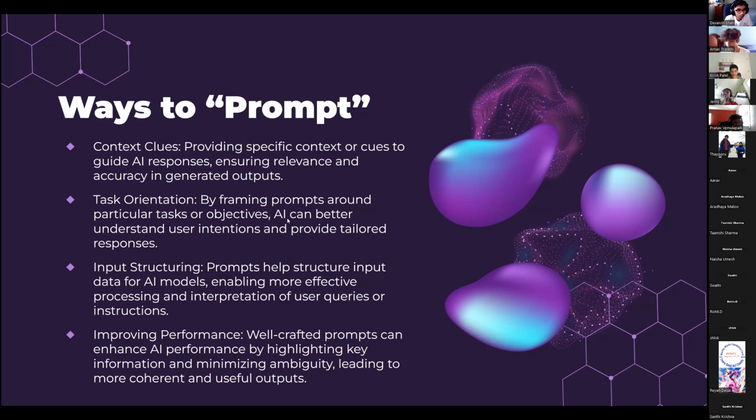So this relates to task orientation in terms of making sure each part of your prompt is specifically detailed in what you want it to do, so that you can avoid all the vagueness and ambiguity when it comes to actually getting a response.